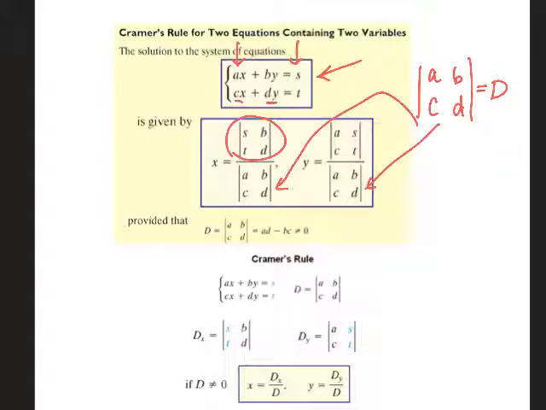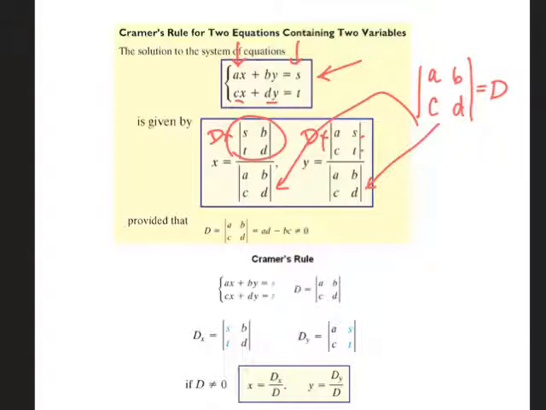We take the matrix from the bottom, and we replace the y coefficients, b and d, with the solution s and t. So there's a nice little summary of this, and we call this upper one here the D sub x matrix and the D sub y matrix, or determinant of those matrices.